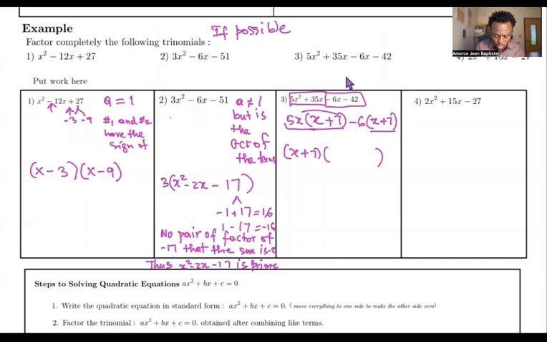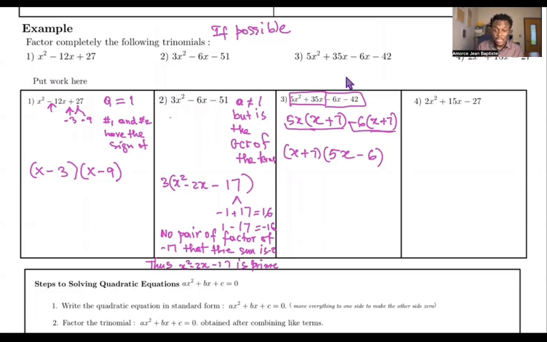If I divide this group by x plus 7, cancel x plus 7, I'm left with 5x. If I divide this group by x plus 7, cancel the x plus 7, I'm left with negative 6. So this is the factored form of the expression 5x squared plus 3x minus 6x minus 42 by grouping. Sometimes later on when you're solving your quadratic equation, you might want to use this process as well.